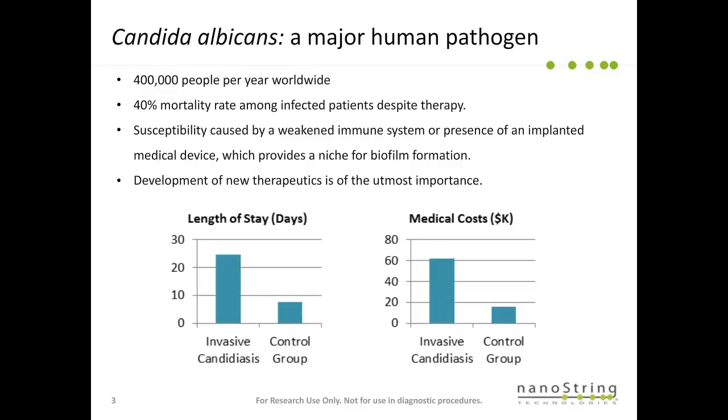The susceptibility caused by this pathogen is mostly due to a weakened immune system or the presence of an implanted medical device, such as artificial joints, heart valve, which basically provides a niche or surface for biofilm formation.